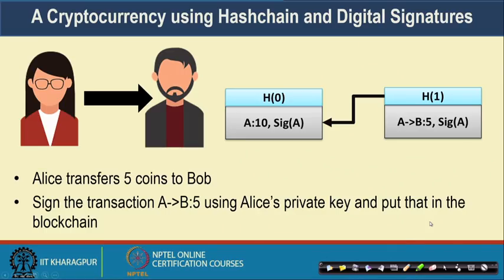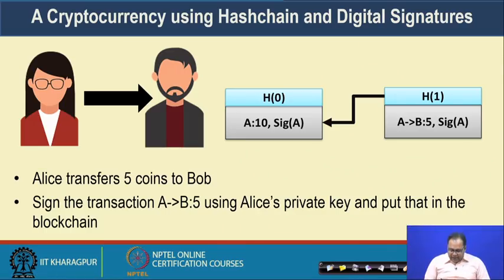Then, when Alice wants to make a transaction to Bob, what does Alice do? Alice makes another transaction of, say, 5 coins to Bob. So, Alice makes another transaction that from A to B 5 Bitcoin has been transferred, and along with that she puts her own signature.